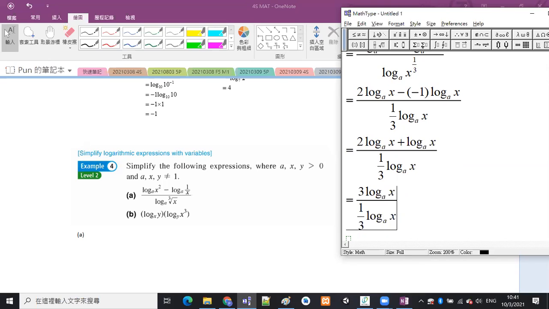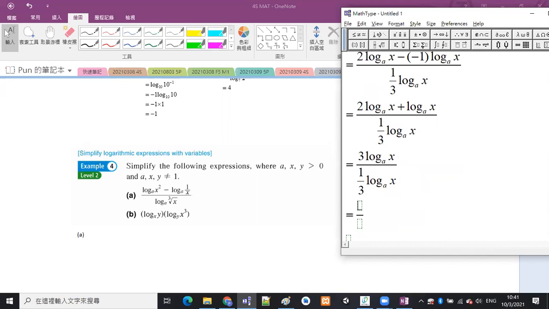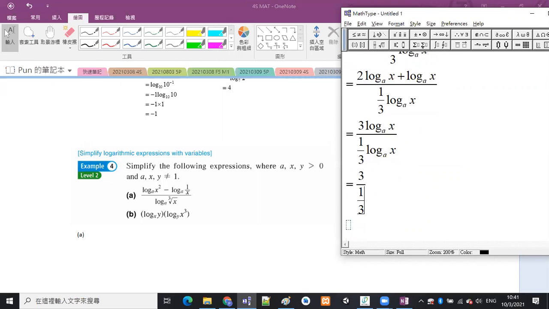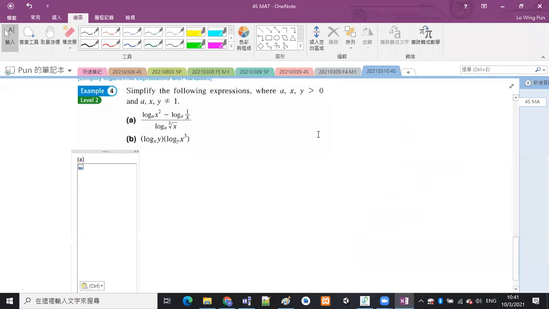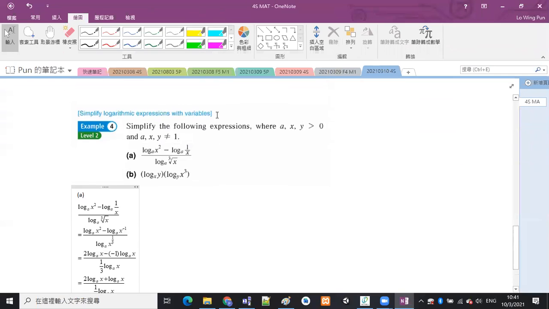And now the log x base a can be cancelled by each other. So what is remaining is just 3 over 1/3. But what is 3 divided by 1/3? It is just 3 times 3/1 upside down, right? Okay, so it is equal to 9. So that is the answer of part A. Can you get this?